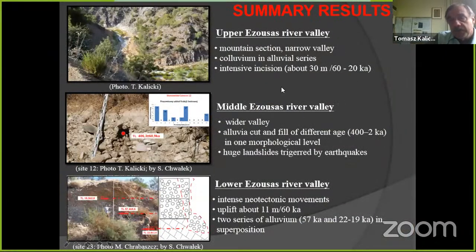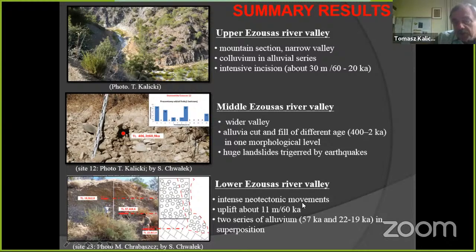To summarize these results: in the upper Azosas, we have the mountain section, a narrow valley, colluvium in the alluvial series, and intensive incision of about 30 meters per 60 to 20 Ka. In the middle Azosas, there is a wider valley, with alluvia cut and fill of different ages in one morphological level, and we have a huge landslide probably triggered by earthquakes.